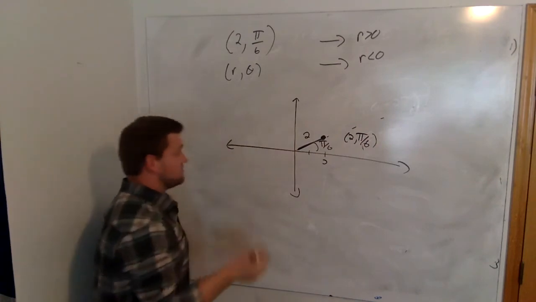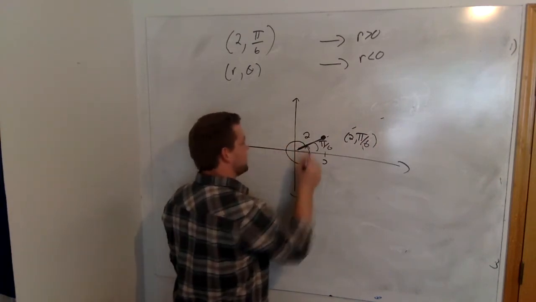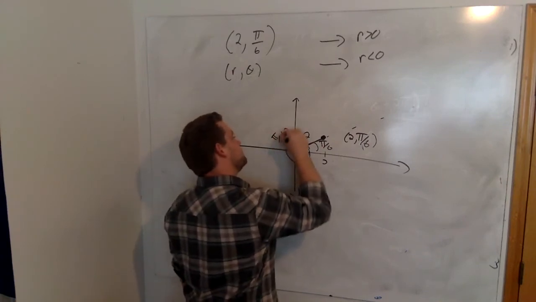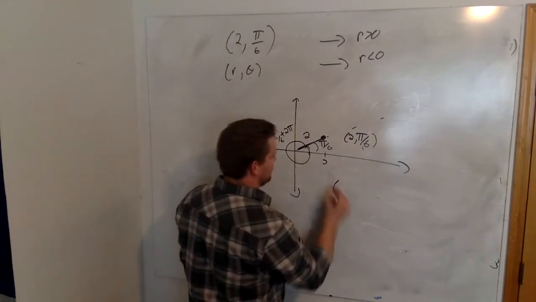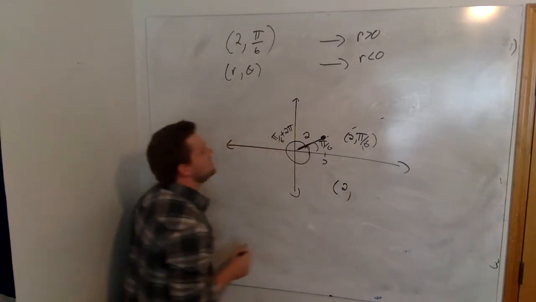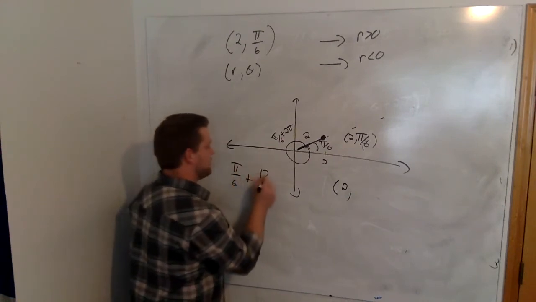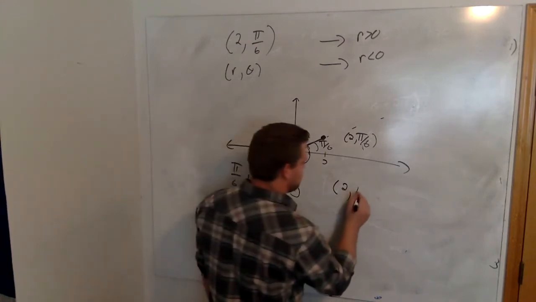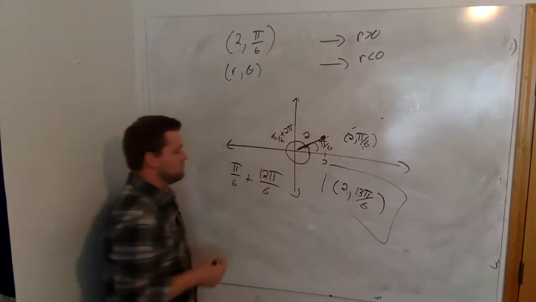We could get to this same point by going from here and adding an extra 2 pi. So this would now be pi over 6 plus 2 pi. Another way to represent this point would be 2, and what is pi over 6 plus 2 pi? We would write that as 12 pi over 6, so 13 pi over 6. Here's another representation for the same point.